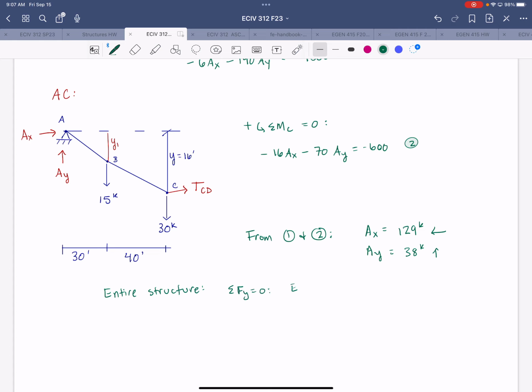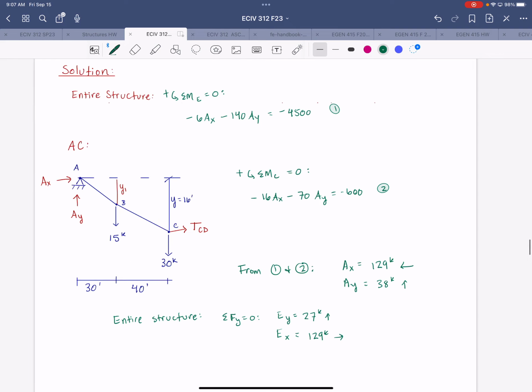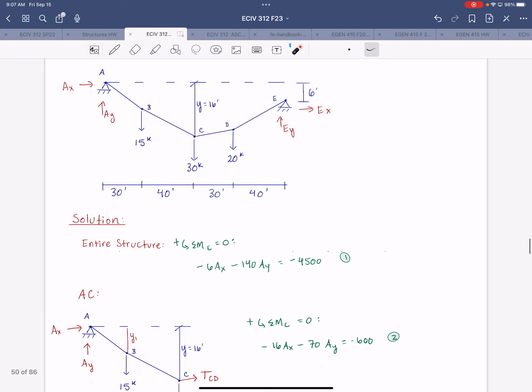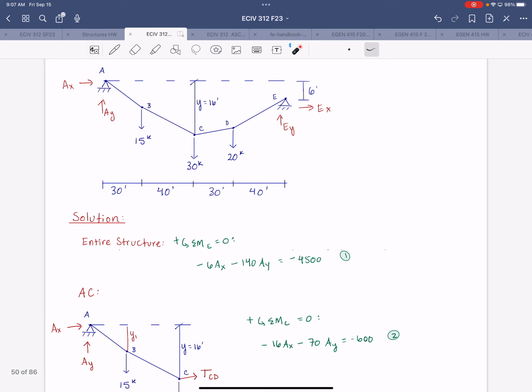So we would find EY is 27 kips upward, and EX is 129 kips to the right. Notice that the two horizontal reactions are equal in magnitude and opposite in direction, right?